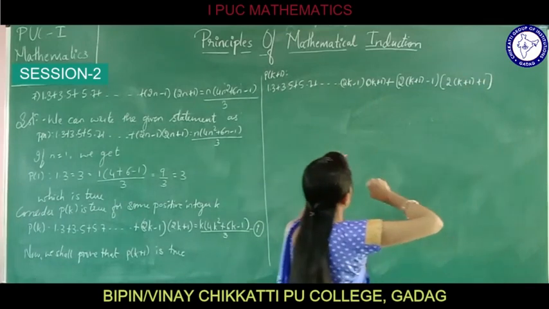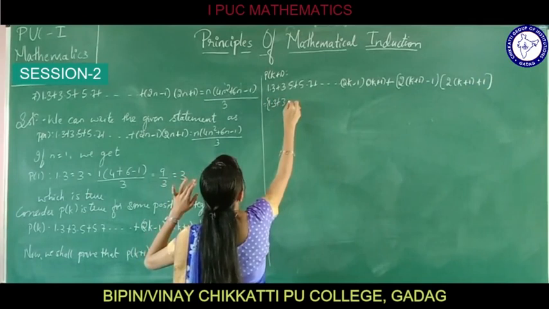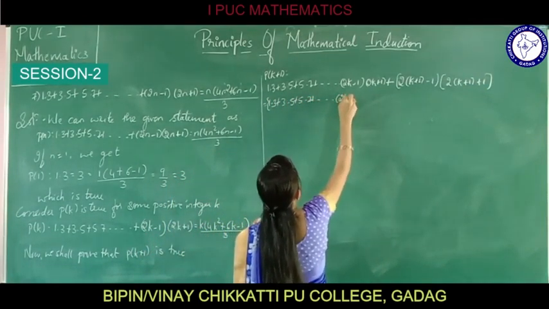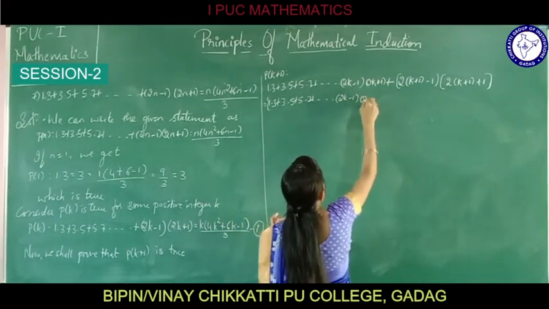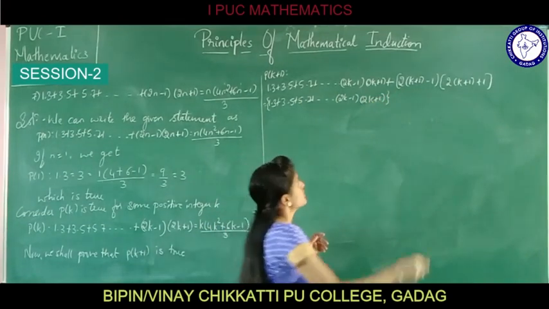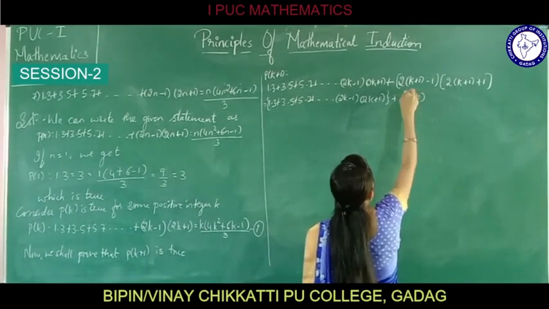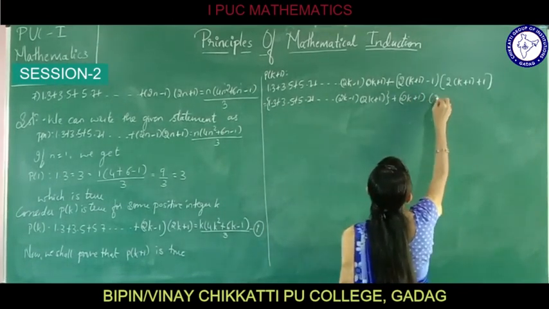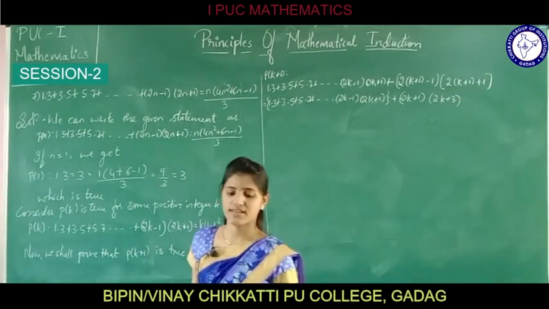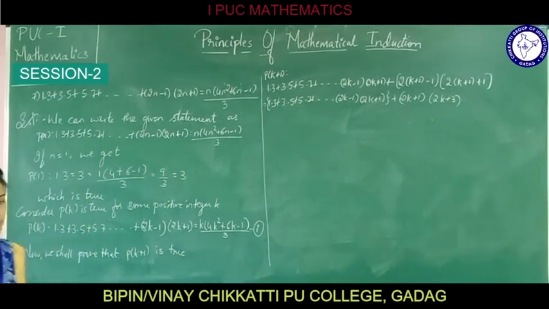So we can further write it as 1 into 3 plus 3 into 5 plus 5 into 7 so on up to 2k minus 1, 2k plus 1, just put down the bracket, plus 2k plus 1 and 2k plus 3. On further simplifying, we wrote it as 2k plus 1 into 2k plus 3.